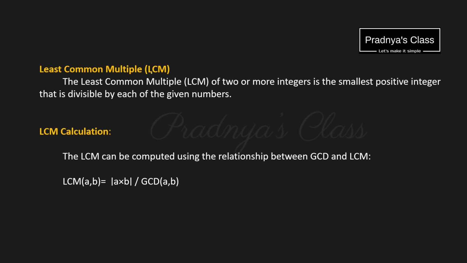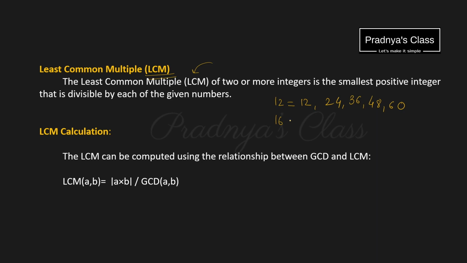Now we need to calculate LCM. Hope you know the LCM also. LCM is nothing but the smallest common multiple of both the numbers. If we take the same numbers, first we need to calculate the multiples of 12. It will be 12, 24, 36, 48, 60 and so on.